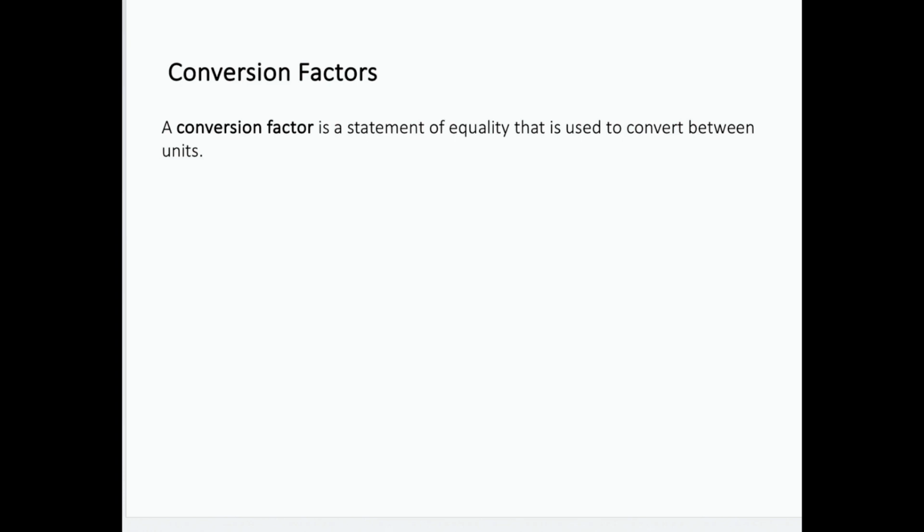So, for example, a conversion factor might be 12 inches is equal to 1 foot, or 3 feet is equal to 1 yard. These are conversion factors because they're an equivalent statement. What's on this side is the same as what's on this side.